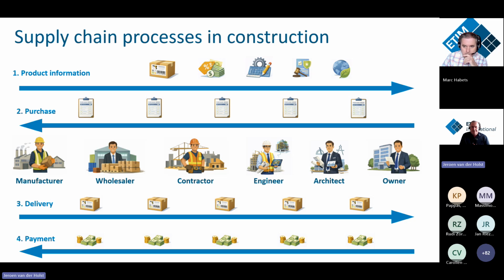But here's the catch. People can only order the right product once they have your product information to choose from. And just the description and price is not enough. Technical features need to match with the technical requirements as specified by the contractors, engineers, and architects. So that puts product information at the top of this food chain, right?